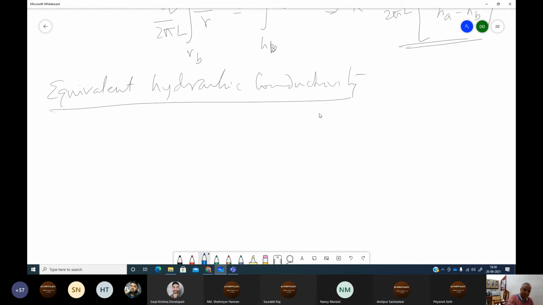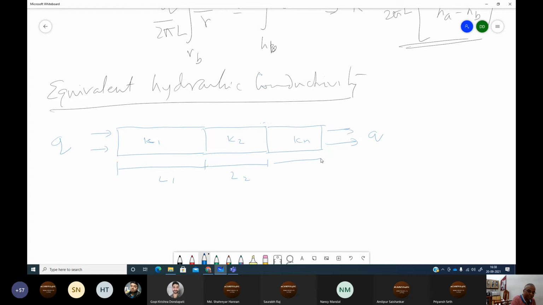First thing, let's say I have layers. This is K1, K2, and let's say this is Kn. There are n layers, dot dot dot. Fluid is coming from this side and going out that side. These lengths are L1, L2, and Ln.